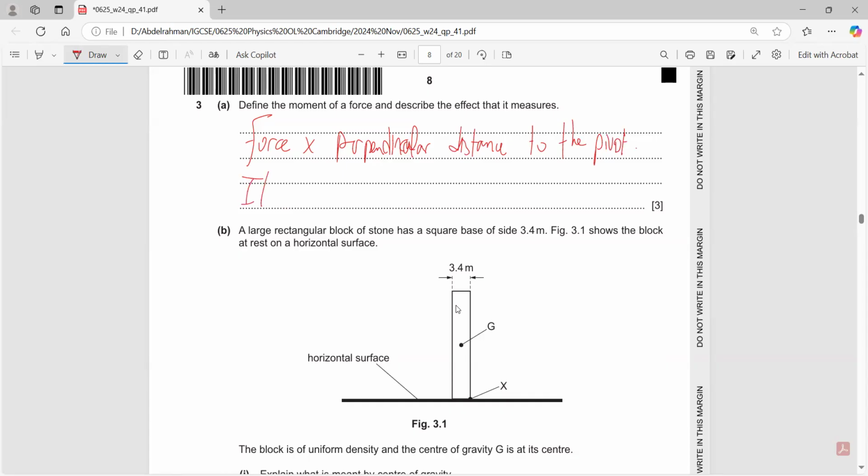It measures the turning effect of the force. Okay, turning effect of the force.